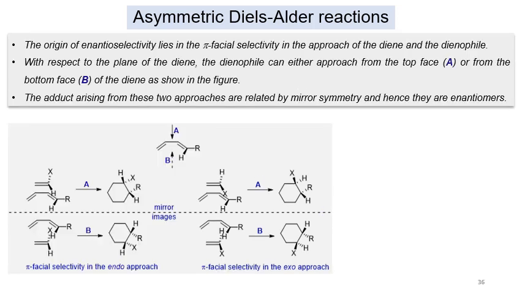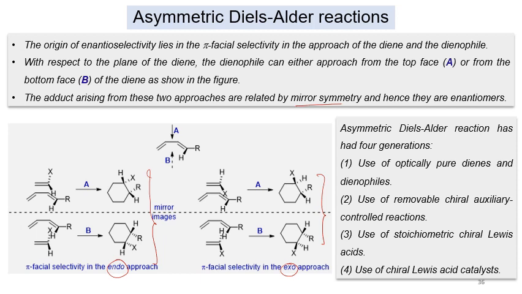As you can see, with respect to the plane of the diene, the adducts that arise from the two approaches usually are related by mirror symmetry, and therefore they are enantiomers. So you can see here, these two are enantiomers, both arising from the endo approach, whereas these two are enantiomers, both arising from the exo approach. So that's what you need to control when you're doing an asymmetric Diels Alder reaction.